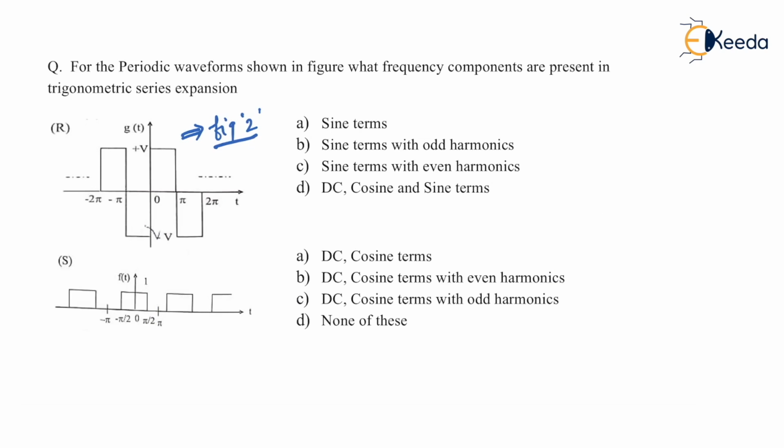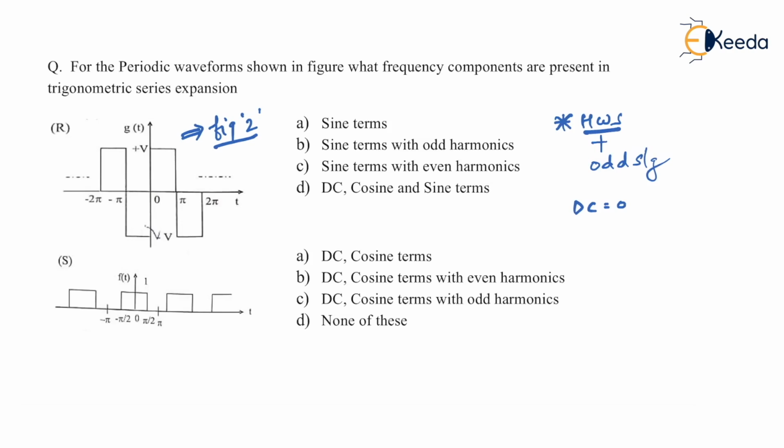And when it is figure 2, we don't have to really analyze this. For figure 2, we know that it was having a feature as half wave symmetry signal plus it was an odd signal also. So half wave symmetry is going to tell you that DC value is always equal to 0.